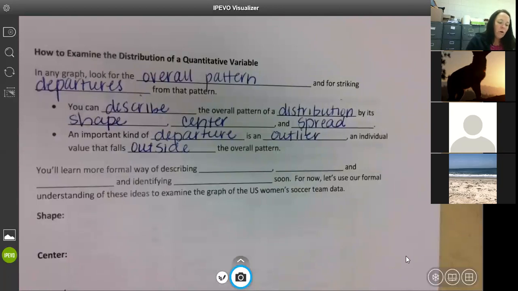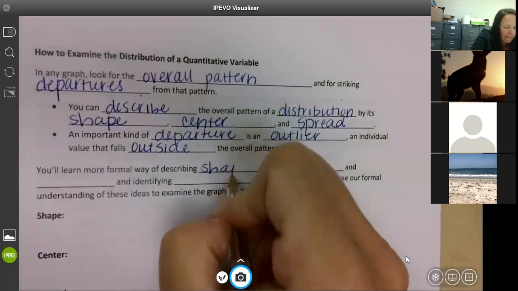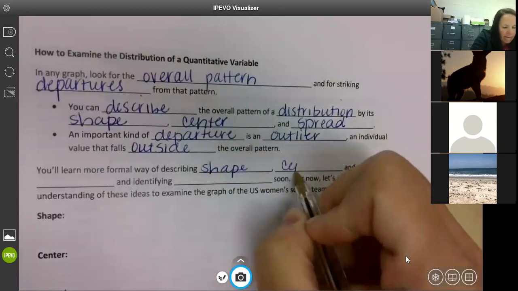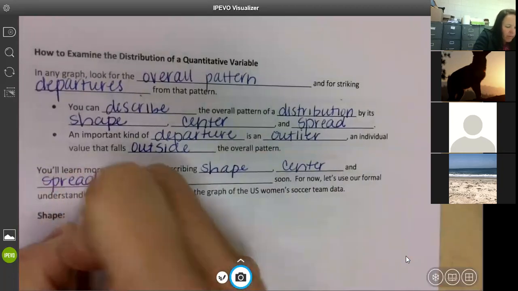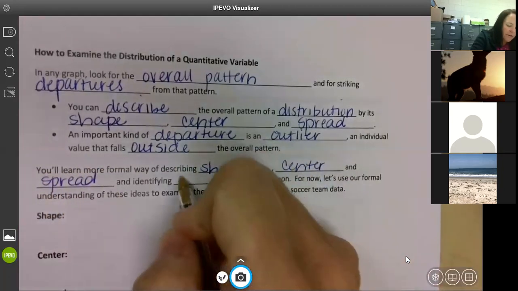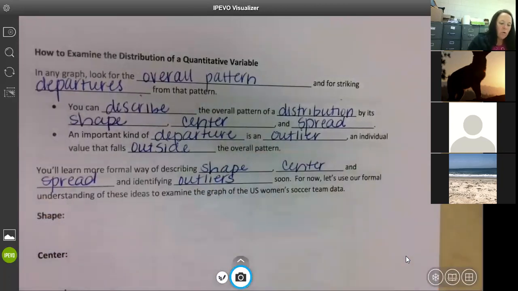All right, you'll learn more formal ways of describing shape, center, and spread, and identifying outliers soon. For now, let's use our informal understanding of these ideas to examine the graph of the U.S. women's soccer data.